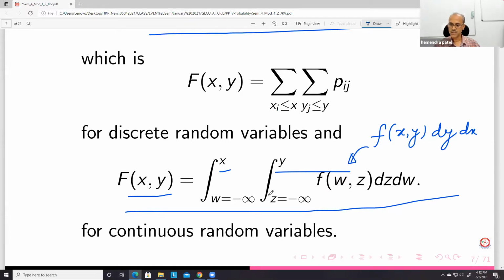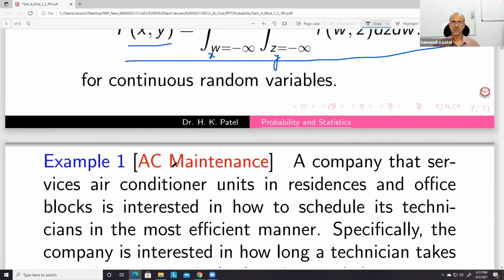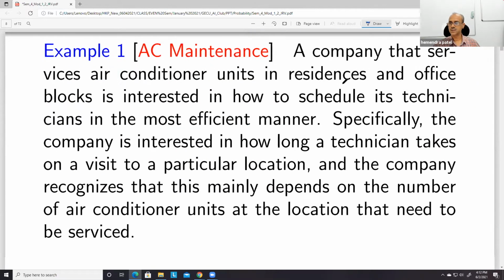So x from minus infinity to x and y from minus infinity to y. Just because these are x and y, we have taken different variables w and z, otherwise they are limits of x and y only.